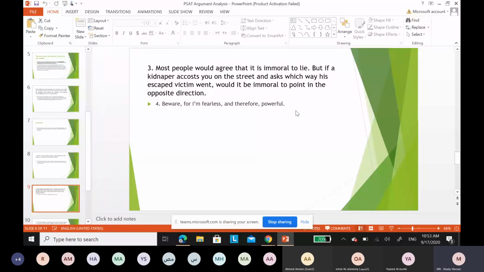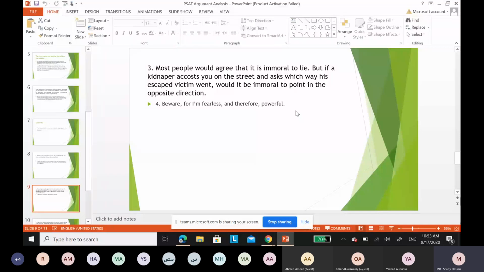Well, actually, this sentence is also tricky because if you are going to search for a conclusion, you're not gonna find any conclusions. So in here, no conclusion is stated. But the author implies that to lie is not always immoral.